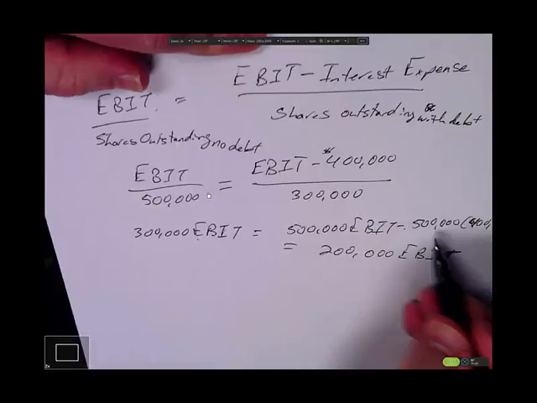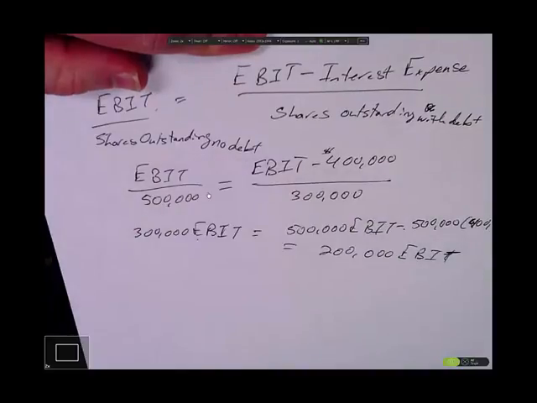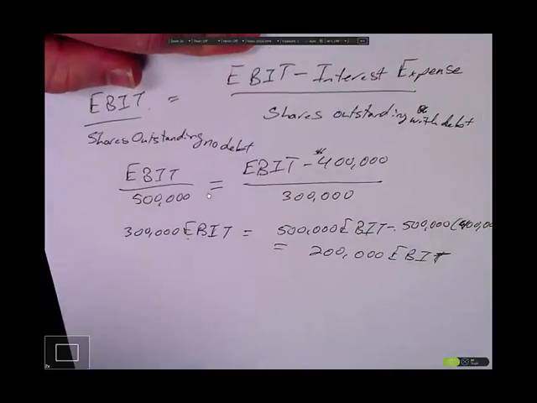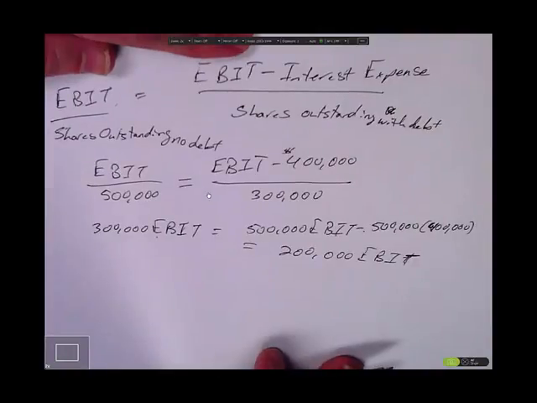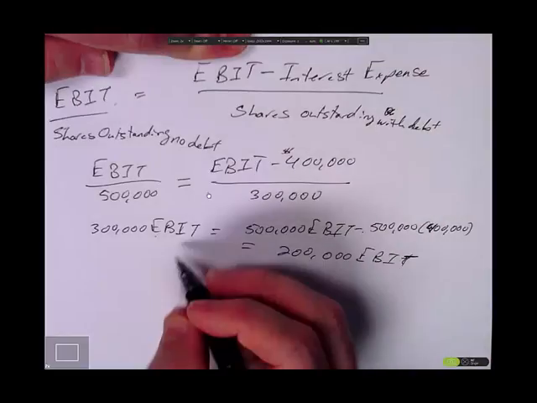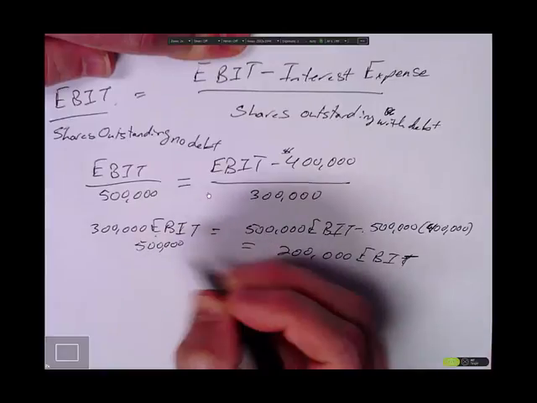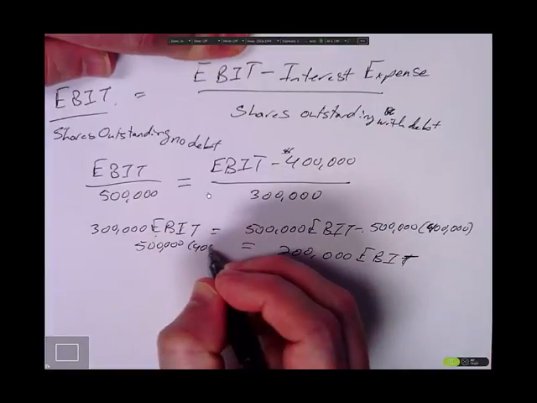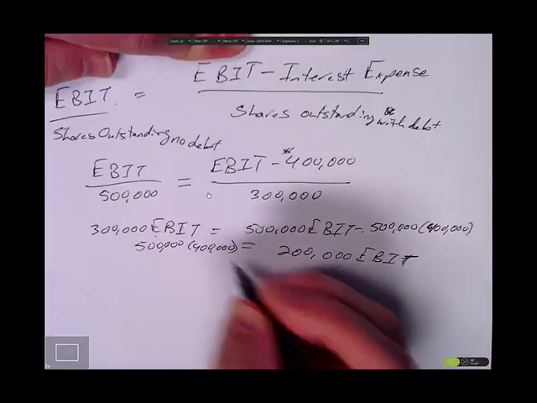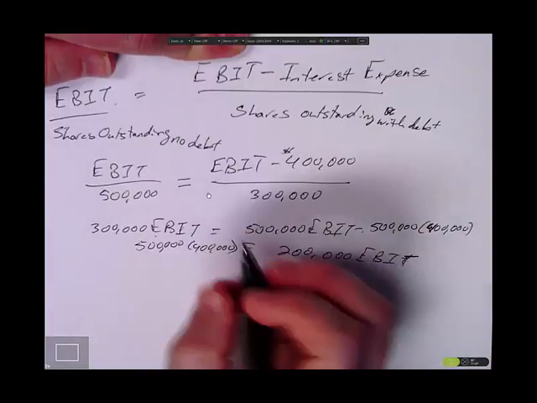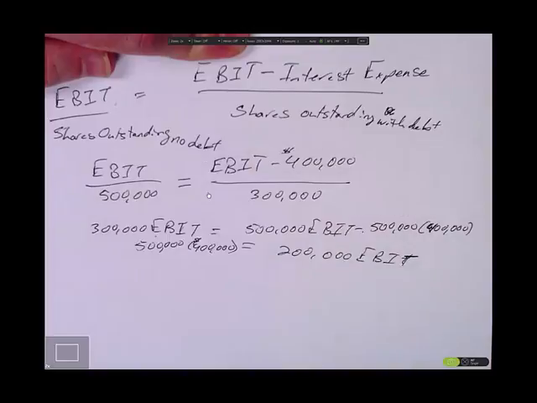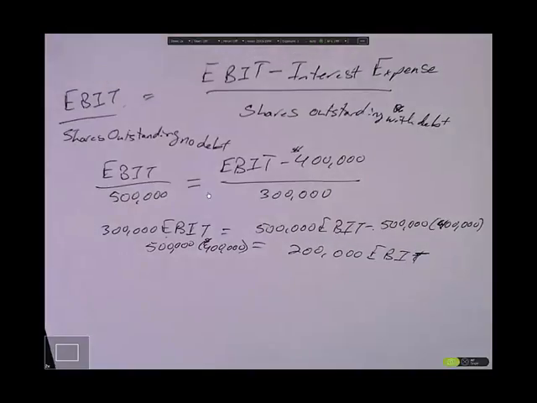So I'm adding 500,000 multiplied by 400,000 to both sides. So I have 500,000 multiplied by 400,000. Now I'm going to divide both sides by 200,000.